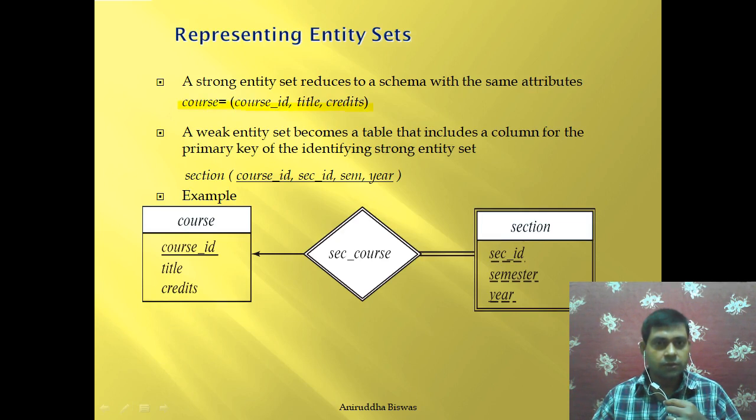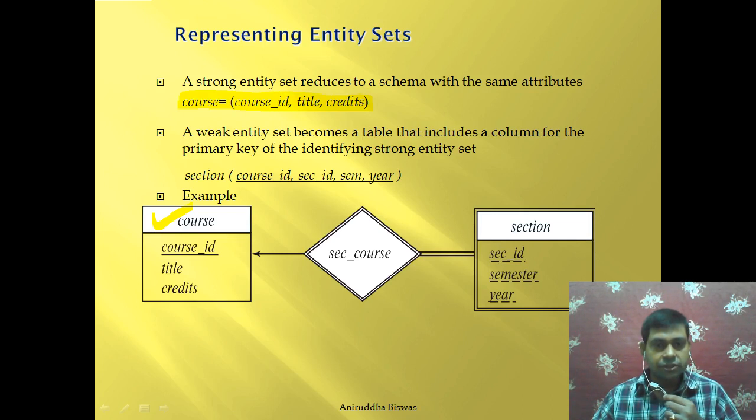Here I am highlighting this particular table, the course table. Now this course table is going to be created in the database, and the graphical representation in the ER model is like this.